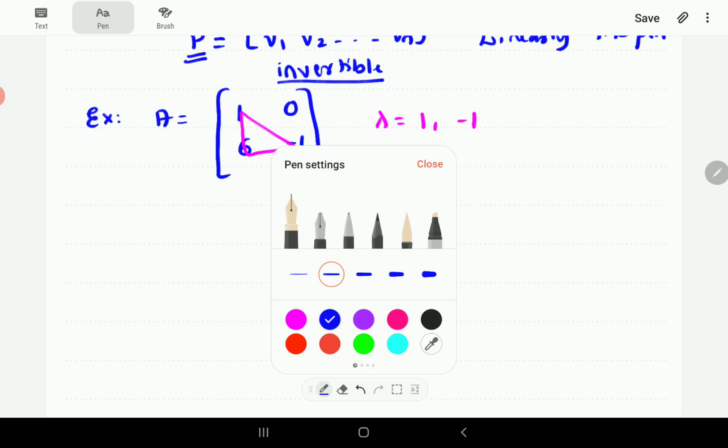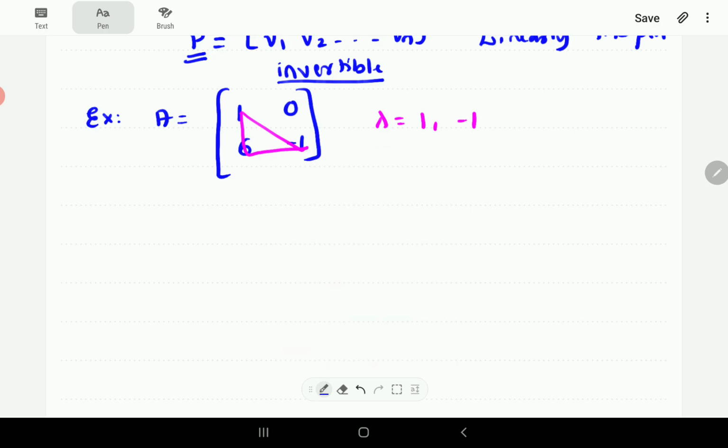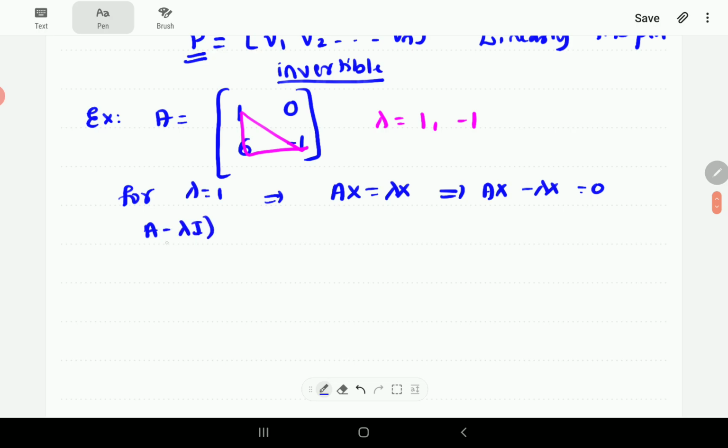Now that we have the eigenvalues, find the eigenvectors corresponding to them. For lambda equal to 1, how do we find it? Ax equals lambda x implies Ax minus lambda x equals 0, which implies A minus lambda I times x equals 0. So the matrix is A minus lambda I augmented with 0.